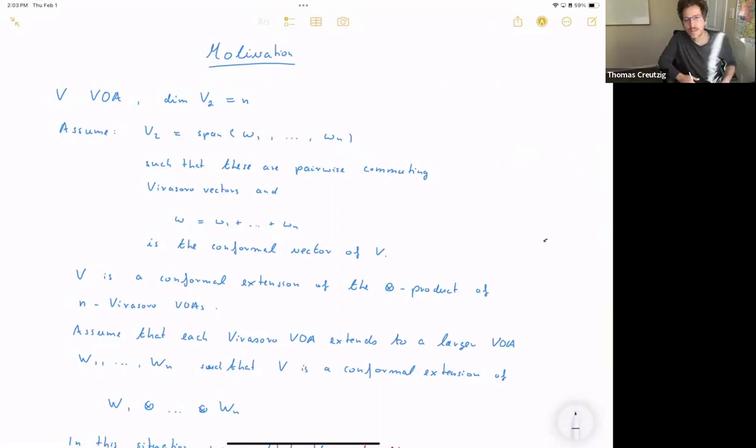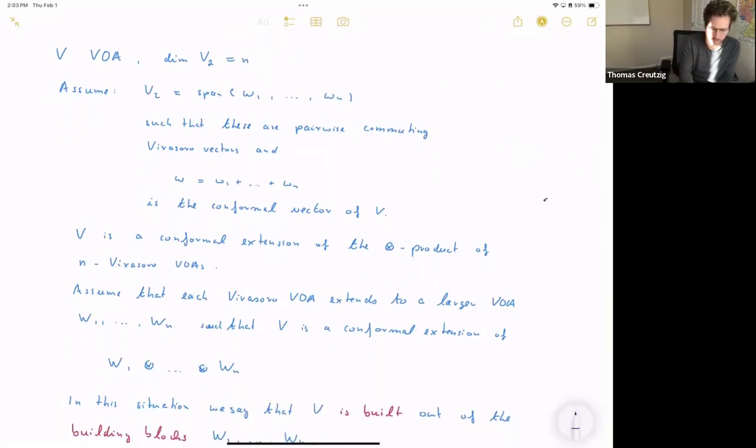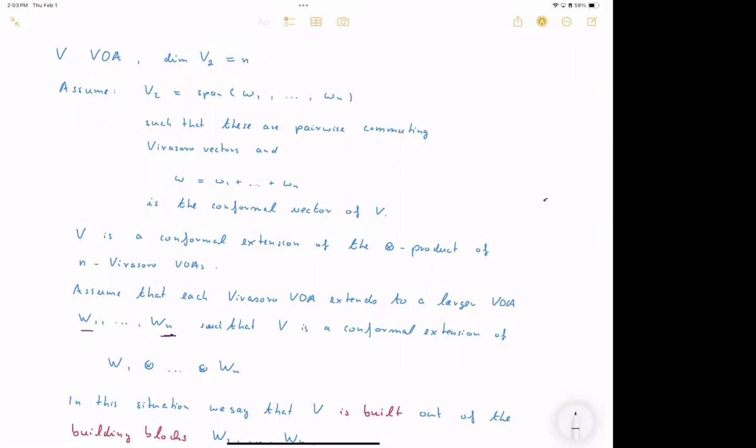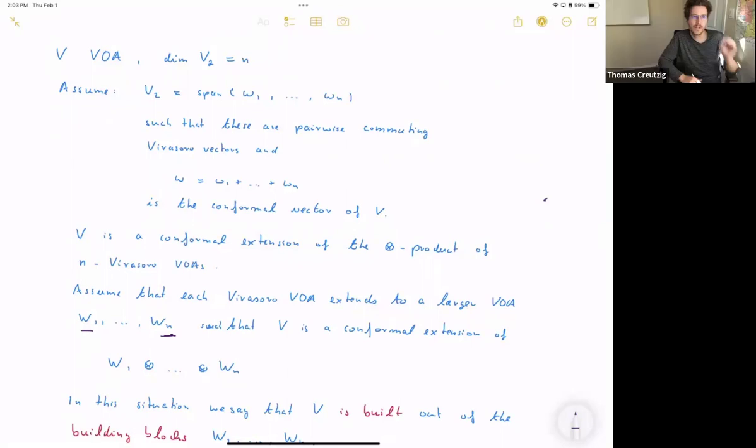Now, usually what will happen is that it's not just an extension of these Virasoro algebras, but each of those extends to a larger VOA itself. Here I call these W1 up to Wn. That is quite a generic situation. You can scan your examples of VOAs, and usually you can, I would imagine, do this decomposition into Virasoro vectors.